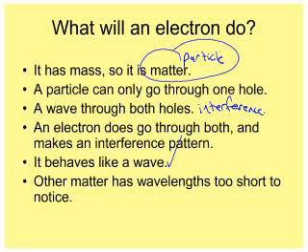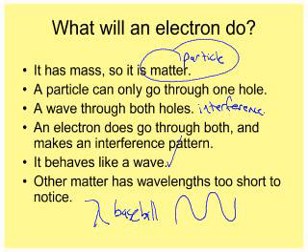So remember, using that Einstein equation, we could figure out the mass of things like a photon, and we could figure out the wavelength of things like a baseball. And if a thing like a baseball has a wavelength, you can think of it as going up and down. So imagine you're standing up here with a baseball bat, with two hands on your bat, trying to hit a baseball that's moving up and down like that.